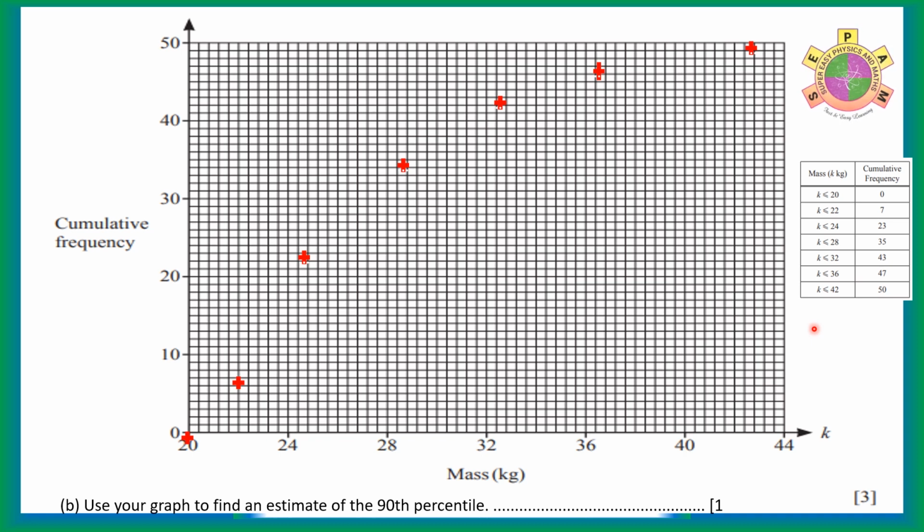If we have those values, then you connect them with your curve.